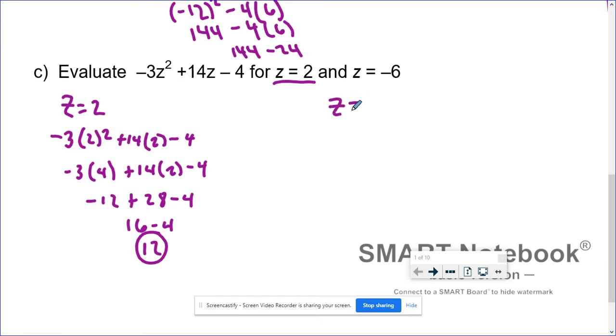When z is equal to -6, we're just going to substitute in the same way. Again, it's a separate question. So it's -3 times -6 squared plus 14 times -6 minus 4. -6 squared is 36.